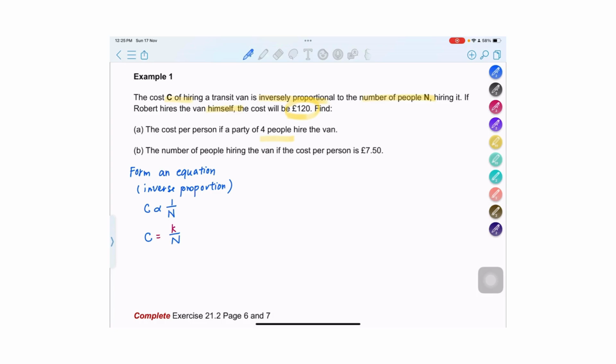The next step is to find the value of the constant k. Robert, only 1 person, hires it, so we substitute n equals 1 and the cost per week of 120 pounds into the equation.